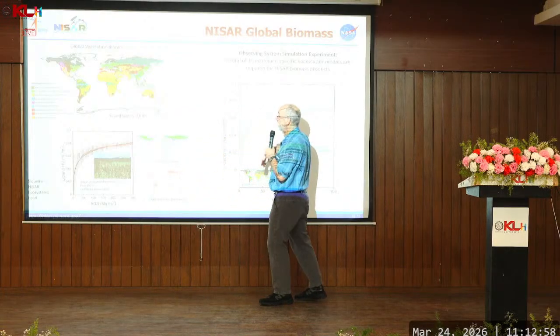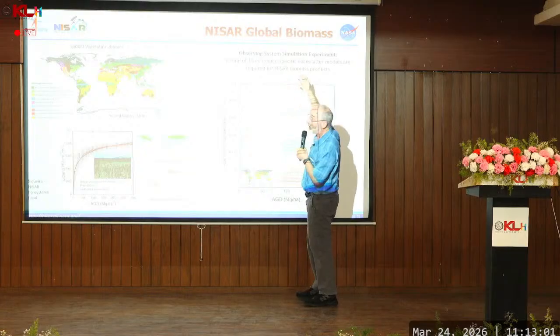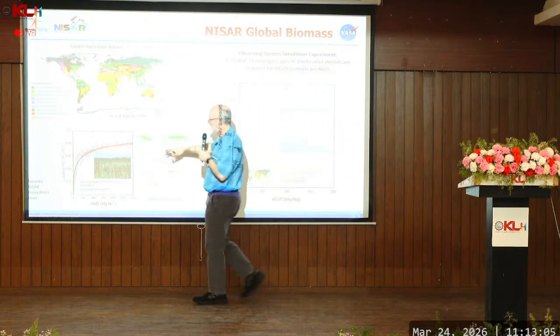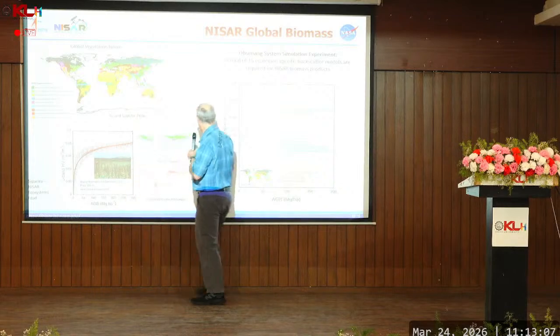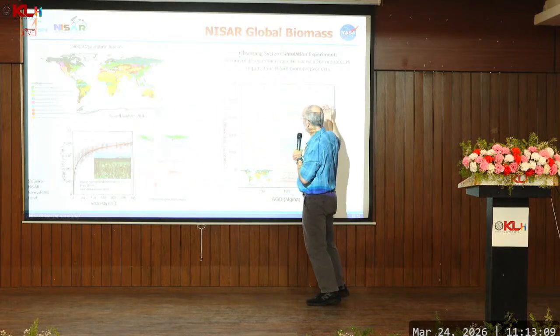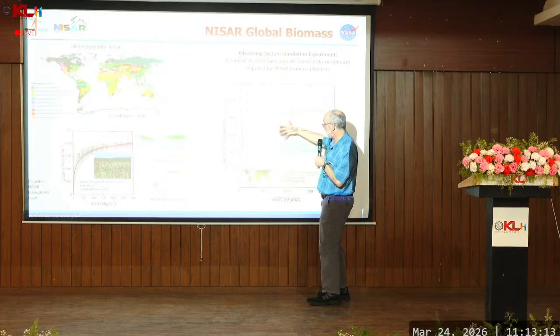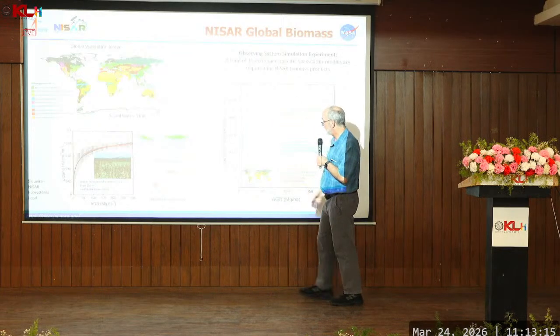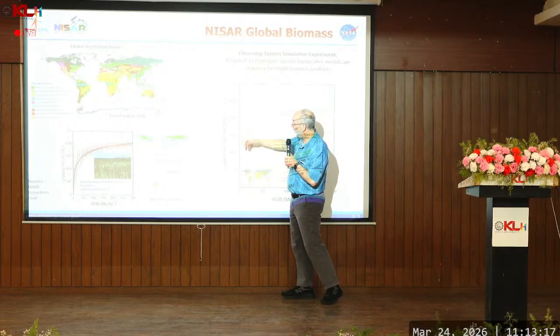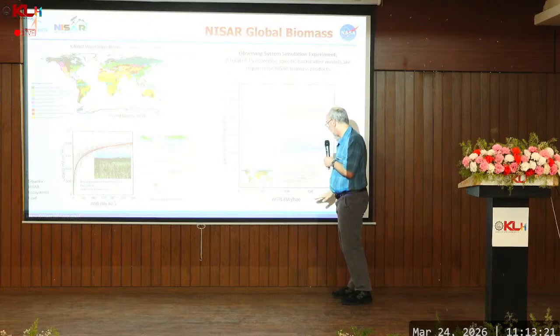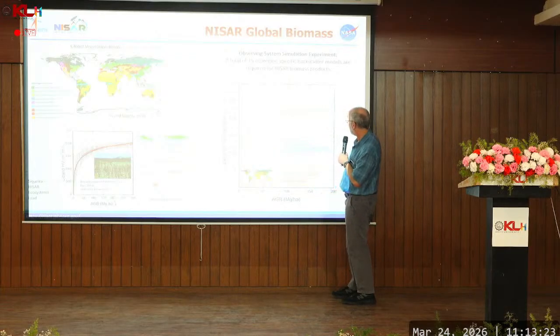Researchers have shown that there are something like 15 ecoregions that have particular characteristics like this, but they differ in their sensitivity and their exact parameters. This is an example from a global analysis done on the HV component of backscatter against above ground biomass.